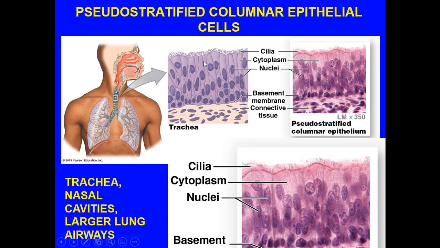But basically, if you take a look at this cell from the top all the way down, it has a bottom attached right at the basement membrane level. And you can see this. You will also see the cilia at the top. These would be beating along, moving liquids, particularly mucus, up the trachea. Okay.